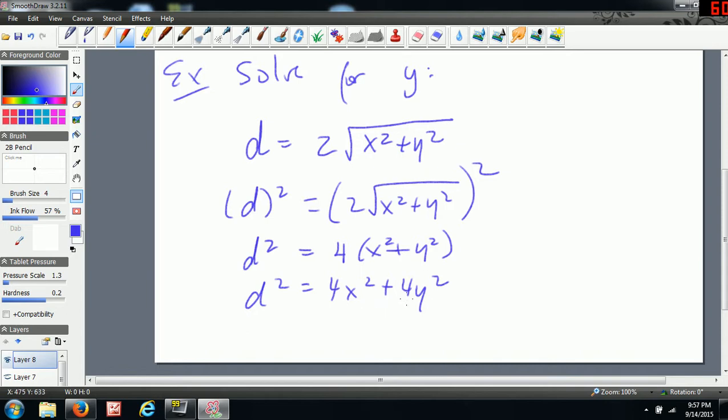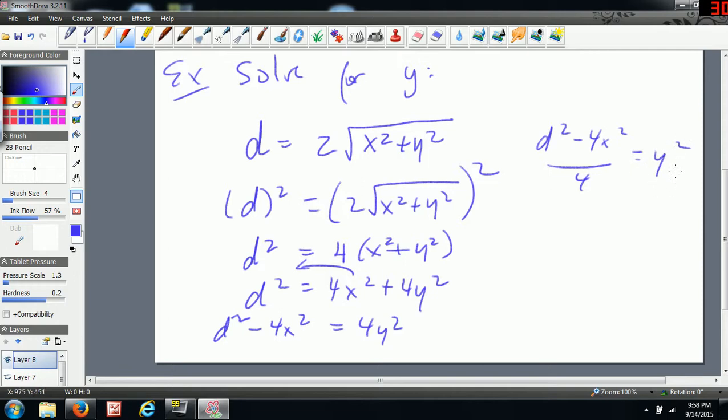And now we're trying to solve for y, so we're going to bring that over here. d squared minus 4x squared equals 4y squared. So we're going to divide both sides of the equation by 4. Let's divide the 4 out first. So we're going to get d squared minus 4x squared all over 4 equals y squared.